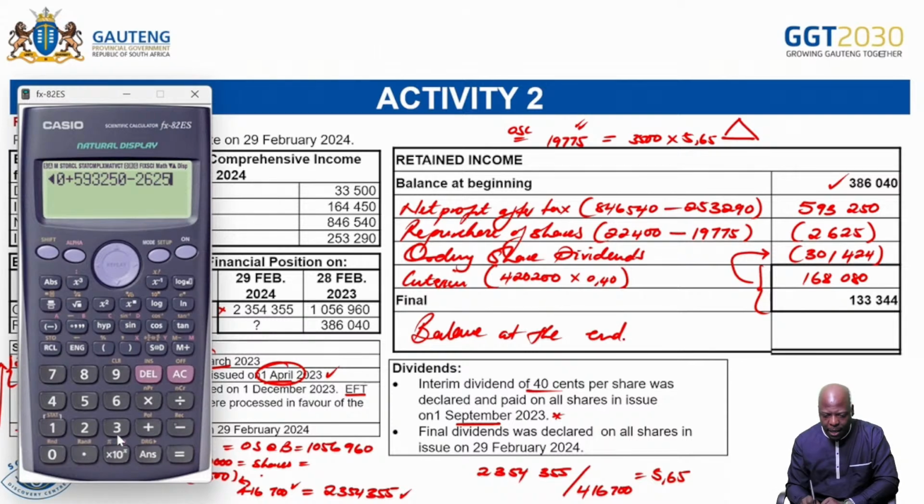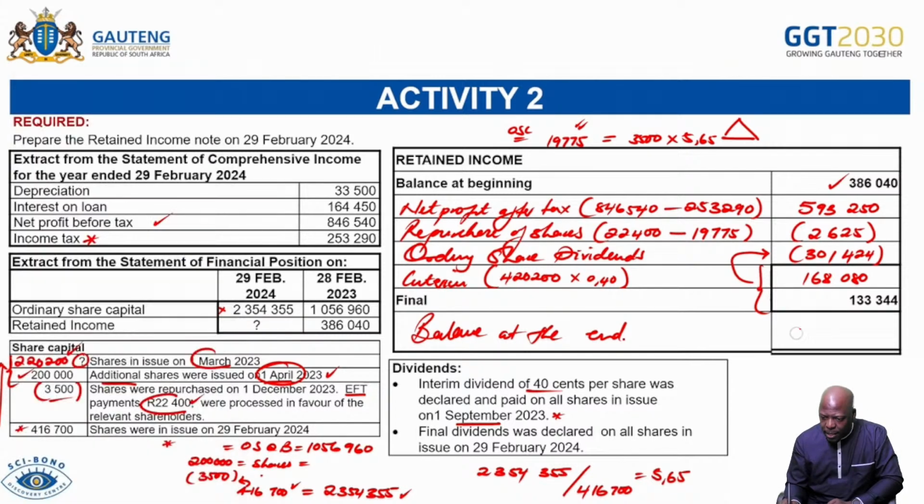We subtract that one minus 301,424. I was looking in the wrong place. 301,424. Like that. And then that's going to give me 675,241. Okay, then we are done with this particular activity.